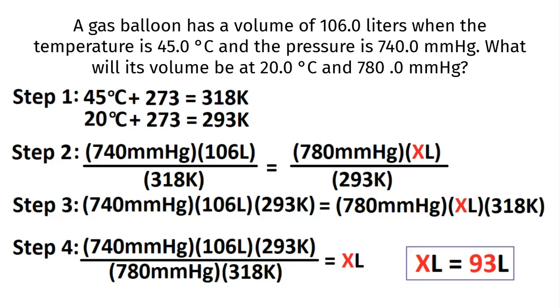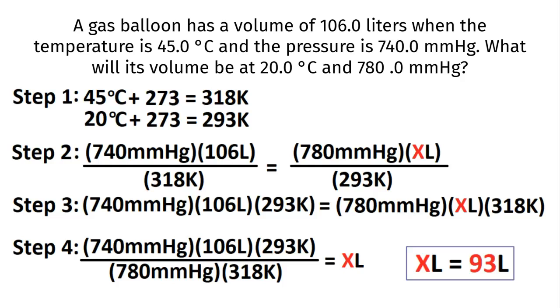Just like before, we turn our Celsius into Kelvin, so we add 273, which gives us a temperature of 318 K and 293 K. We plug our numbers into our formula, so P1 V1 over T1, P1 being 740 mmHg, V1 being 106 L, and T1 being 318 K, equals P2 V2 over T2.